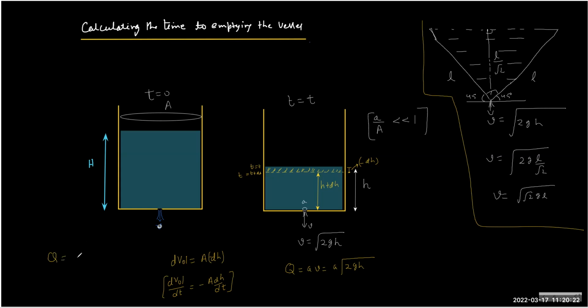One is through the big cross section, which is A dh by dt, and the other is through the small cross section, which is a and Torricelli theorem, aV. But the rate at which the water is diminishing is the rate at which the water is leaving the vessel, and therefore these two values must be the same, isn't it? So do you guys realize this? This is very important. Yes, sir. So the next step is pretty straight.